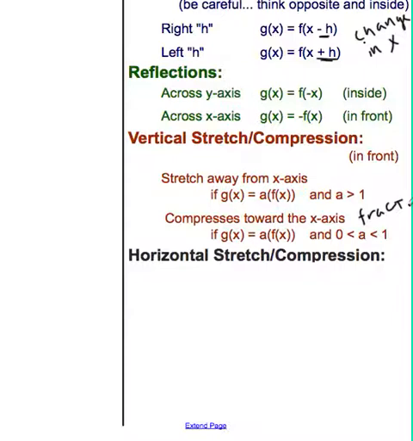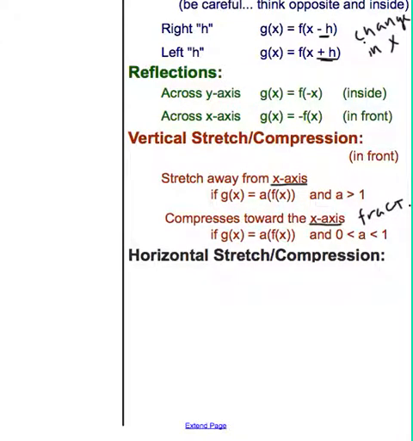Now, horizontal stretch or compression, that's that pulling away from the y-axis. And I know that sounds confusing, but remember, x-axis is the one that's not going to change as far as whether we're pulling or pushing towards, which is why it's easy to remember. It should be just from thinking opposite. So vertical, it's going to change, pull away from that x-axis.